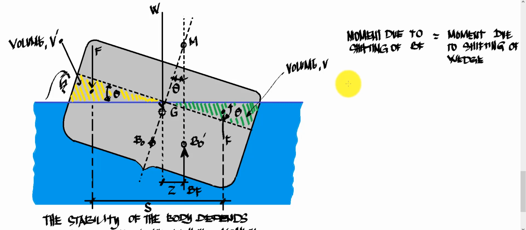So let's do that one. We have now the BF multiplied by Z, so that is the moment nito. Then it's equal to the moment, which is your force times your S. Then we have the value of your buoyant force, which is equal to the specific weight times the volume displaced, V_D.